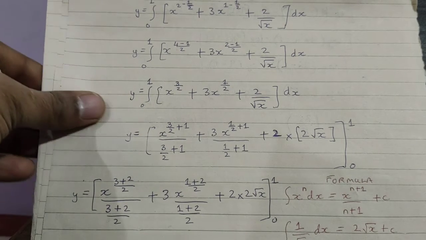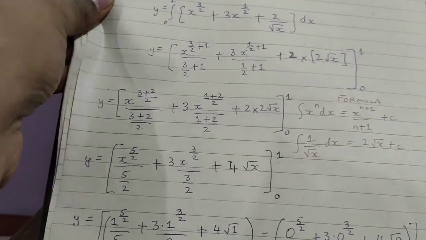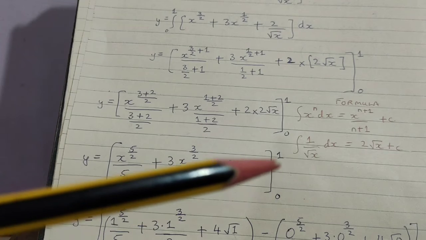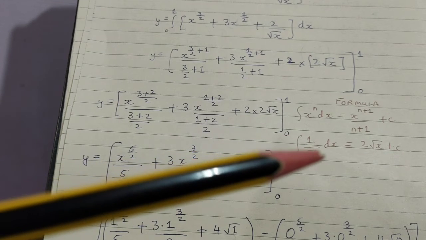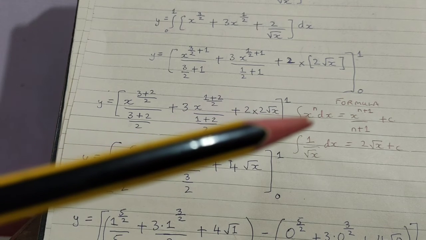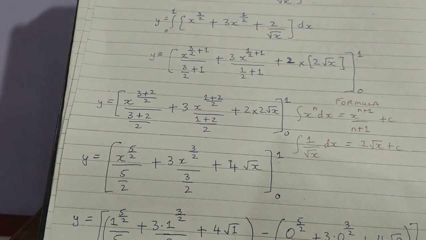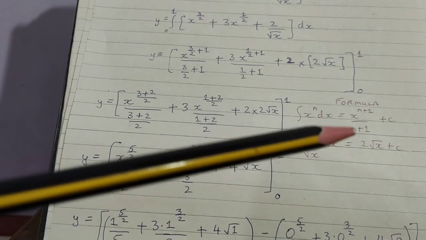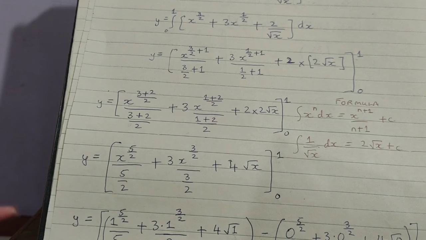Here we have written the formula: integration of 1 by root x dx is equal to 2 root x, and integration of x raised to n dx is equal to x raised to n plus 1 divided by n plus 1, plus c. The constants are kept at both places.